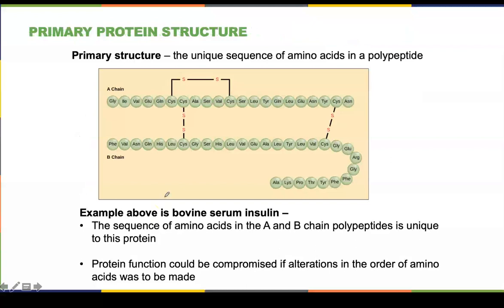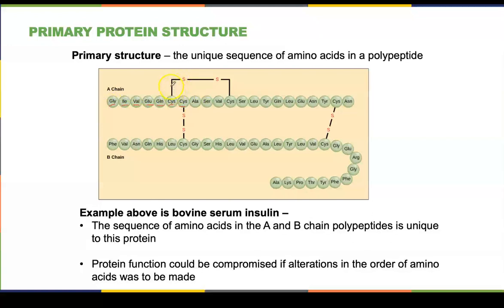The primary structure of a protein is simply a way of referring to the order of amino acids in a polypeptide. So it has nothing to do with the 2 or 3-dimensional shape of the polypeptide. It's really just a list of the names in order from the start to the finish. Here you can see the 3-letter abbreviations, and we could just go down this row.